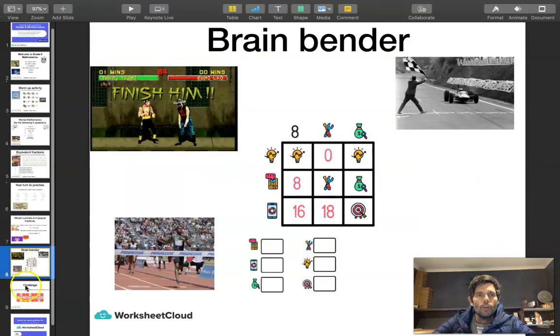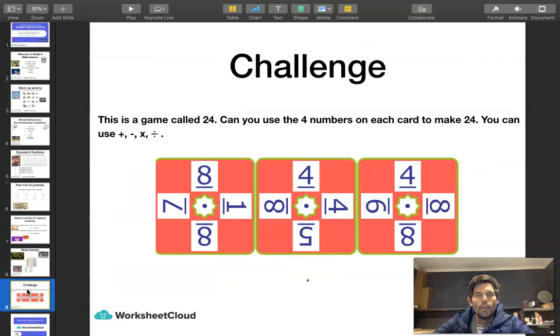Okay, so there are your challenge cards for today. All right, 24. So you need to use the 4 numbers on each card and any operations to make the answer of 24.